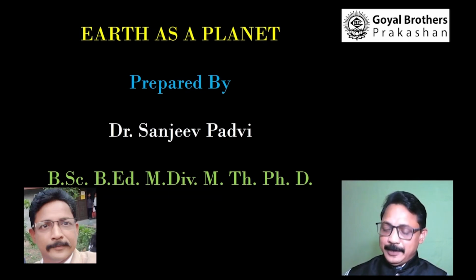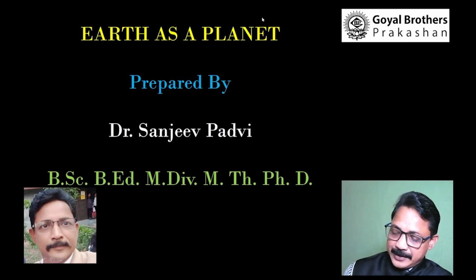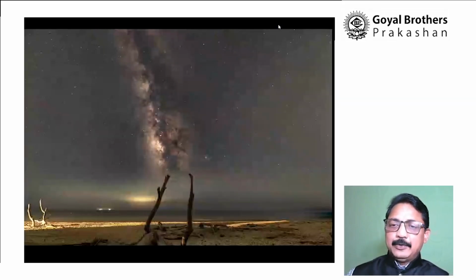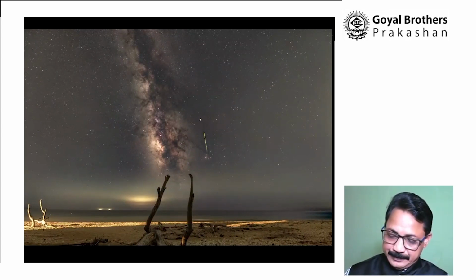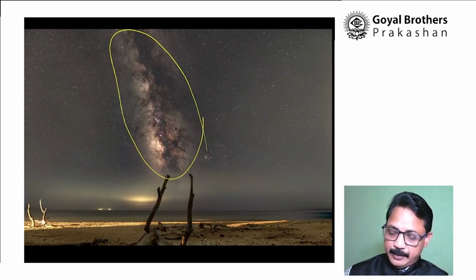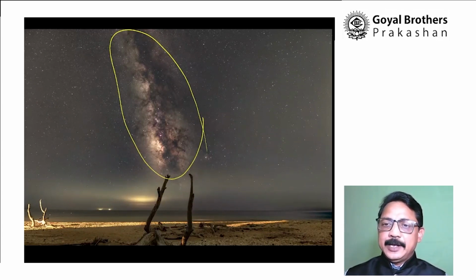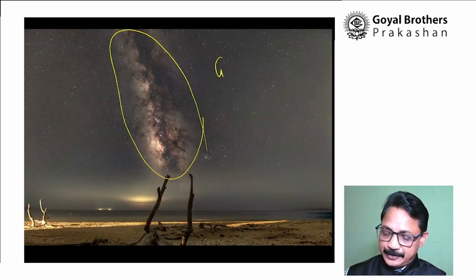As you can see here, the name of the lesson is Earth as a planet, and you must have studied that Earth is a planet. If the question is asked to you, what are you looking at in this picture? Some of you might have guessed it correctly, saying that it's a galaxy. That's true.